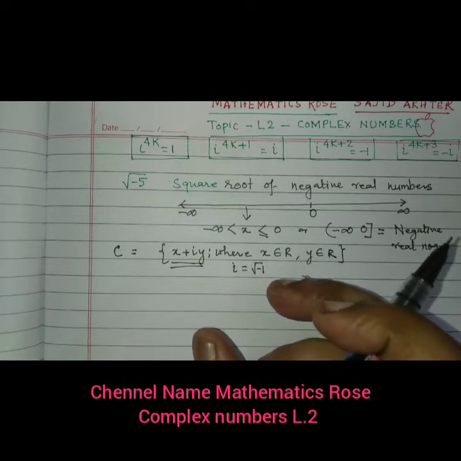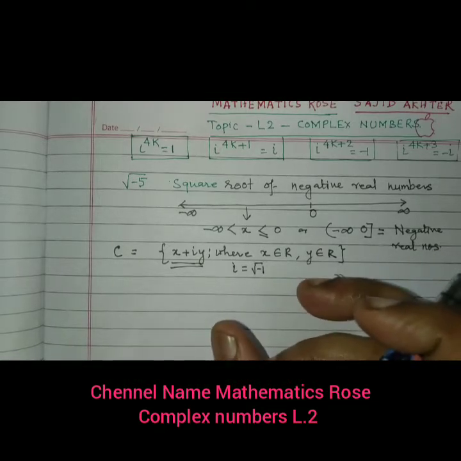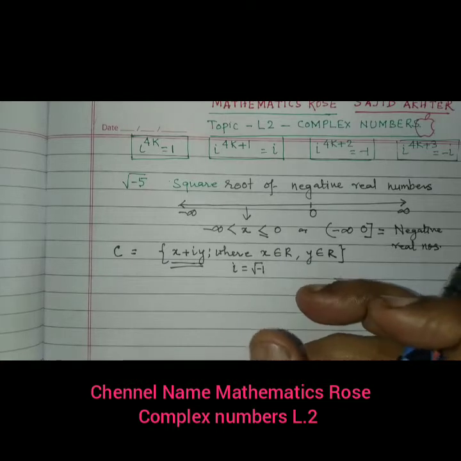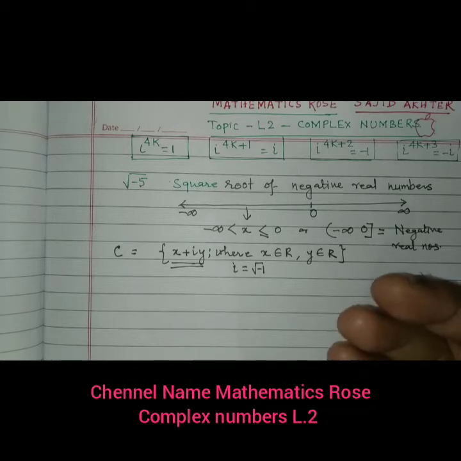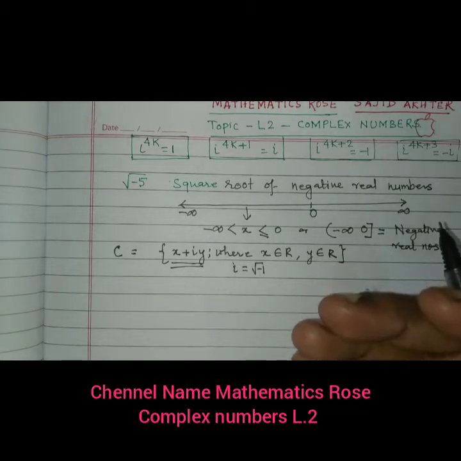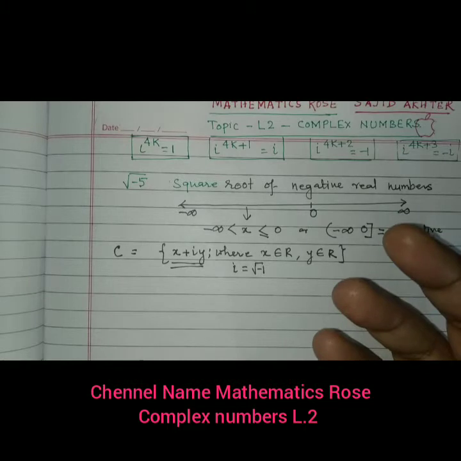It is not strictly that every complex number has both a real part and an imaginary part, because all the real numbers whose imaginary parts are 0 are complex numbers, and all the numbers whose real parts are 0, all imaginary numbers, are also complex numbers.